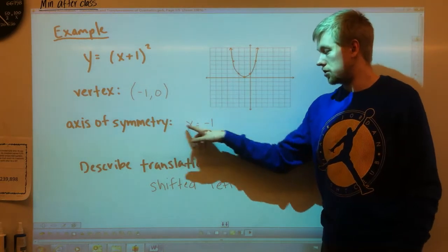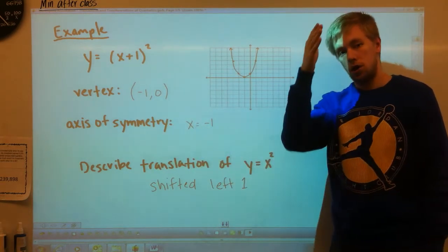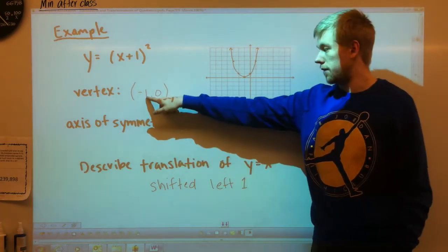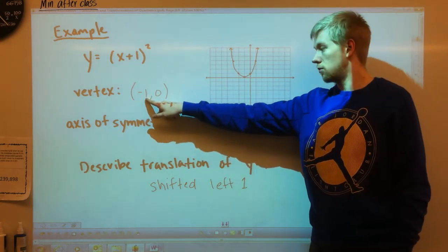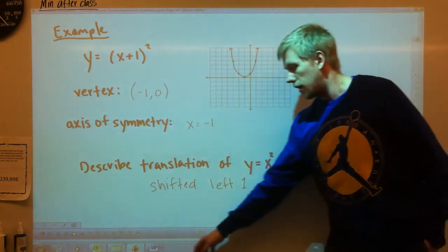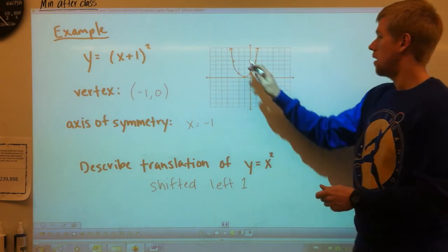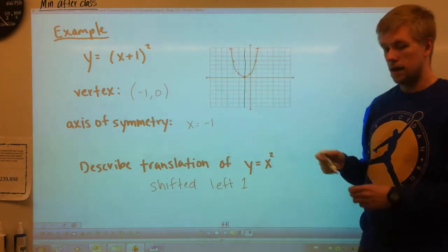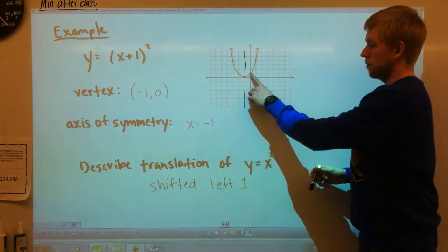The axis of symmetry. Okay, the axis of symmetry always goes through the x point of the vertex. Well, if I look back at my vertex, the x coordinate was negative 1, so x is equal to negative 1. I could draw a line down the x point at negative 1, and that is the axis of symmetry.